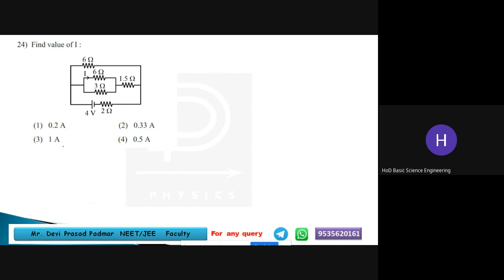Try to solve this. First, you have to find the equivalent resistance. So first find the equivalent resistance. These two are connected in parallel. So what do you get? Parallel combination: 6 into 3 divided by 6 plus 3.